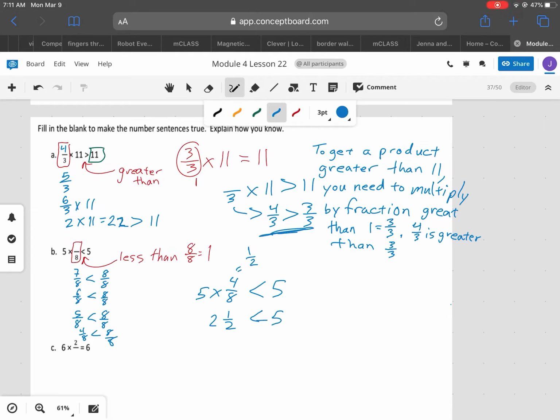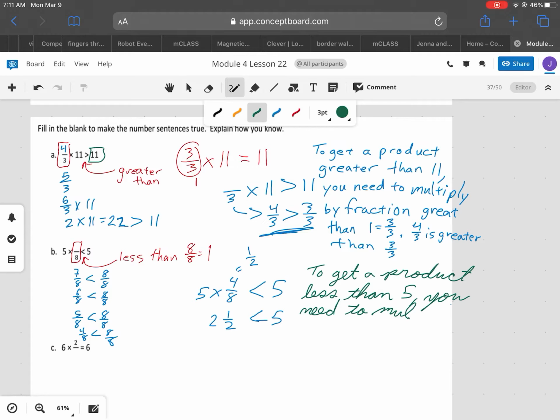To get a product greater than 11, okay, now we have to get a product less than 5, you need to multiply by a fraction less than 1.